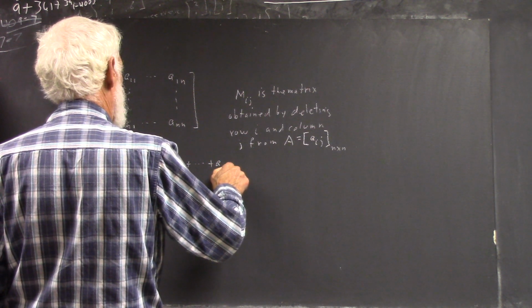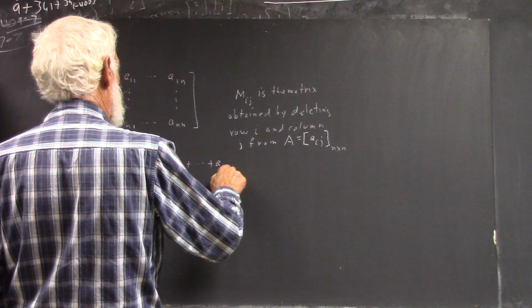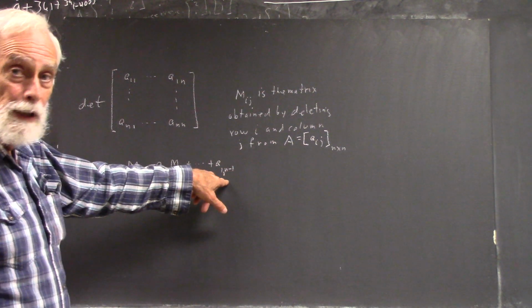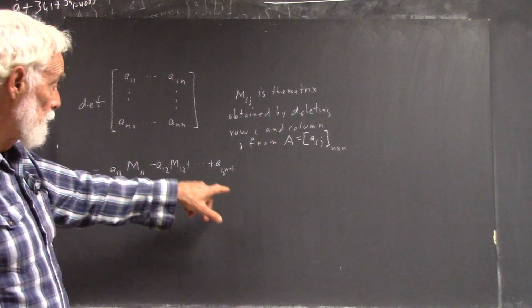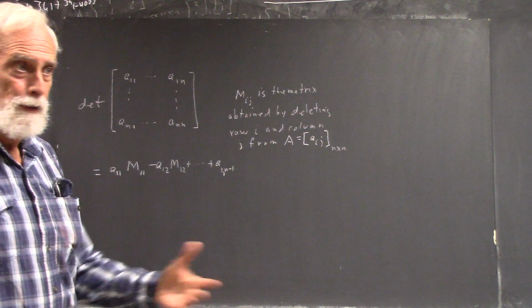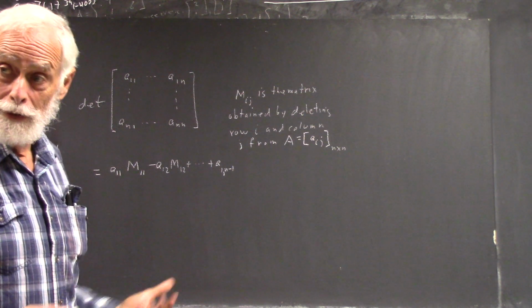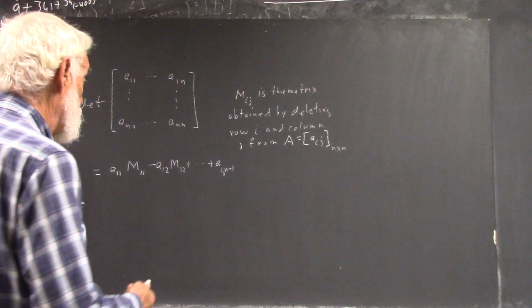A1, n minus 1. I'll use a comma when it's needed to avoid ambiguity, because if I just wrote 1 n minus 1, you don't know which is the number of rows and which is the number of columns. It wouldn't be clear. Okay?